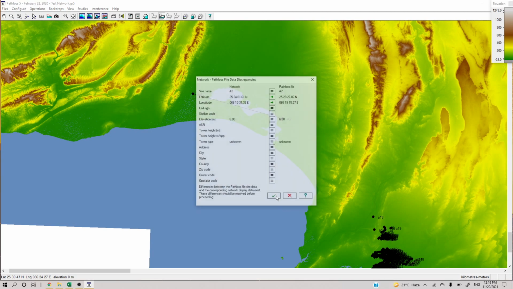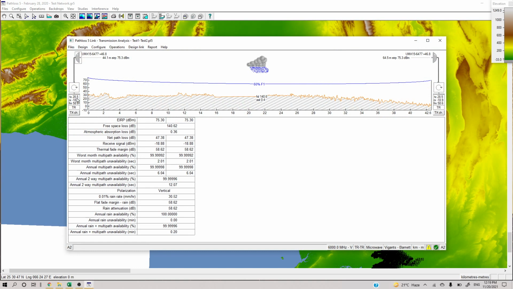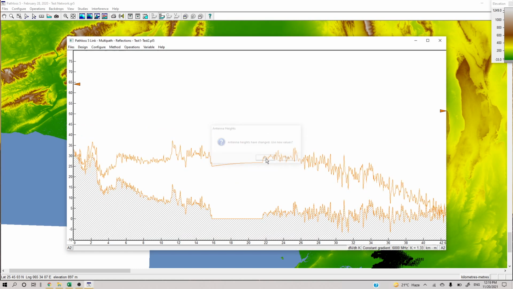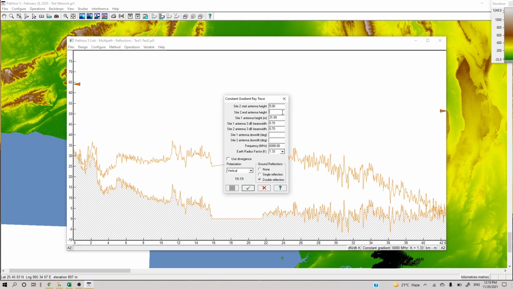Now I have taken the side, but still I don't think the multipath will affect it. Hmm.